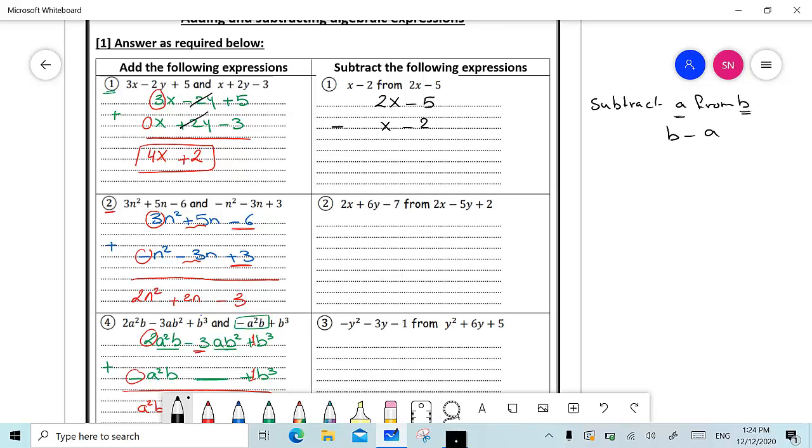negative 2. And we said that there are 3 steps we follow when we are subtracting expressions. The first step is to change subtraction to addition, and change all signs to their opposites, and this is the second step.